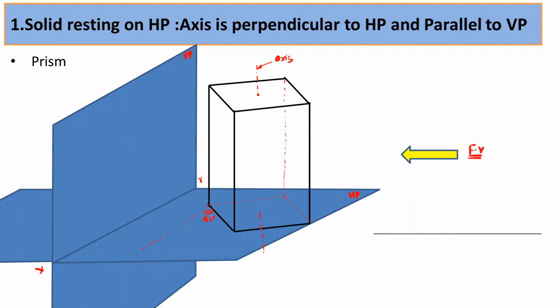So this is called the equally inclined condition. This angle is also 45 degree, and this is a square prism. So you can assume the side of this prism as 40 mm, and the height, so this is the height, take this height as 70 mm.